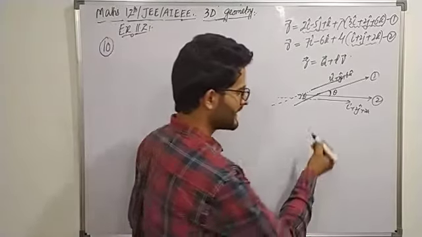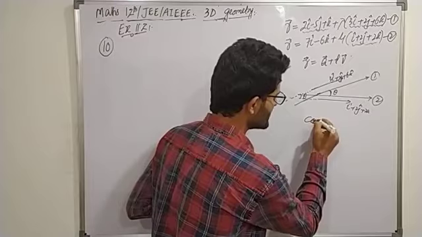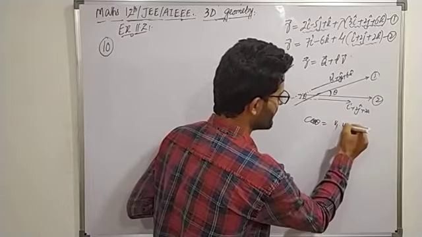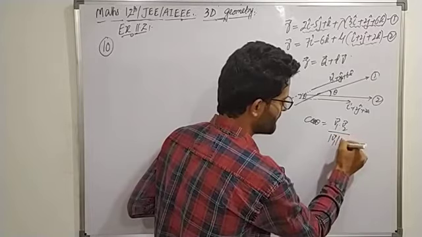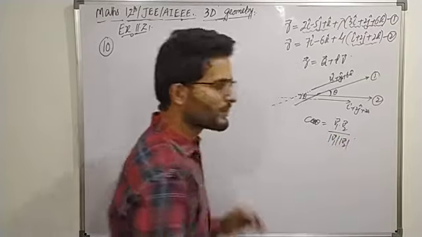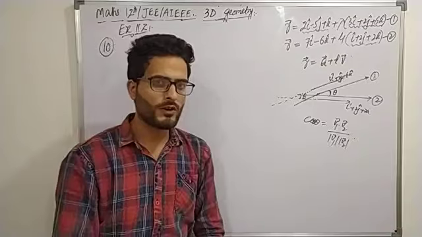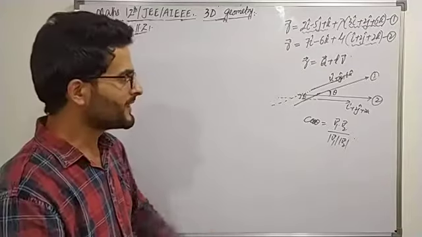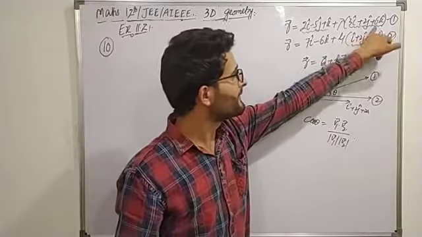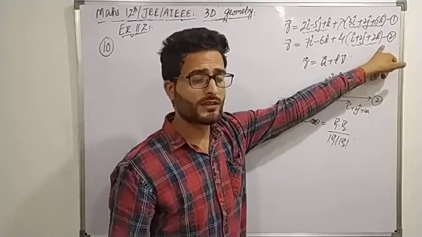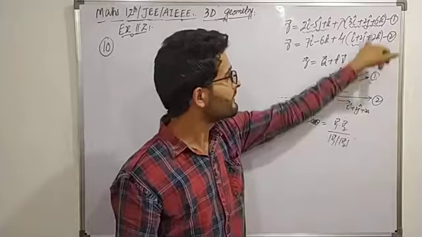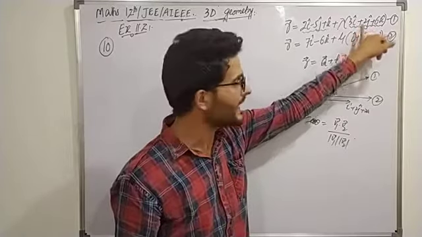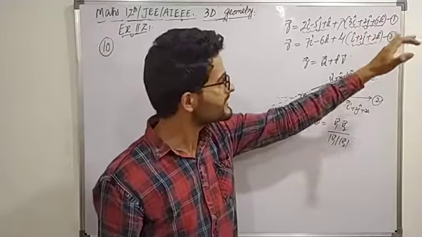It is calculated by the expression cos theta is equal to v1 dot v2, the dot product of the vectors, divided by the product of the respective magnitudes, that is magnitude of v1 into magnitude of v2, right? So if theta is the angle between line first and line second, then theta is the angle between their parallel vectors v1 and v2, where v1 is 3i plus 2j plus 6k and v2 is i plus 2j plus 2k.